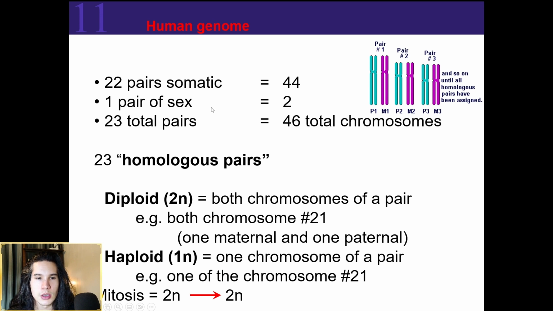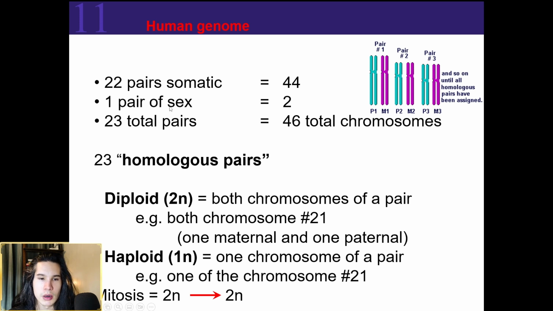So when looking at the human genome, we are going to have 22 pairs of somatic chromosomes. So somatic chromosomes, that's going to be your chromosome number 1 through your chromosome number 22, meaning you have 44 total. If you have 22 pairs of something, 2 of each, that means you have 44 in total.